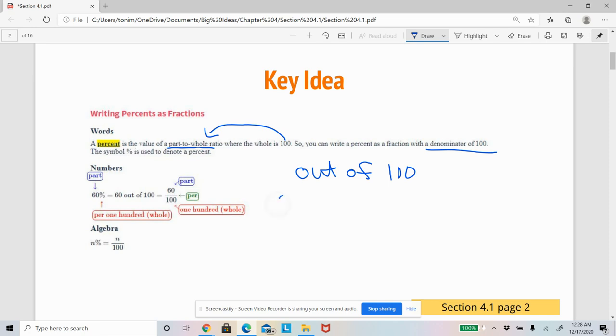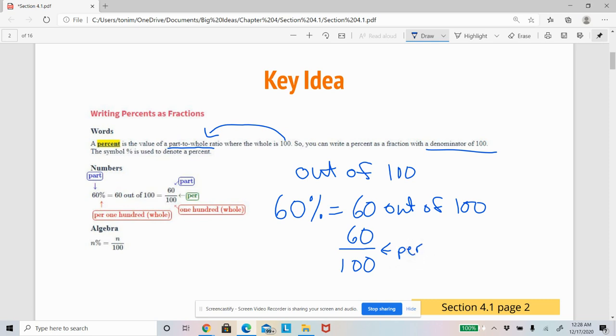So they're giving you an example, and I'll redo it. 60% is the same as saying 60 out of 100, which is your fraction. And they did show you that this fraction line does represent per. This is your part, and this is your whole.